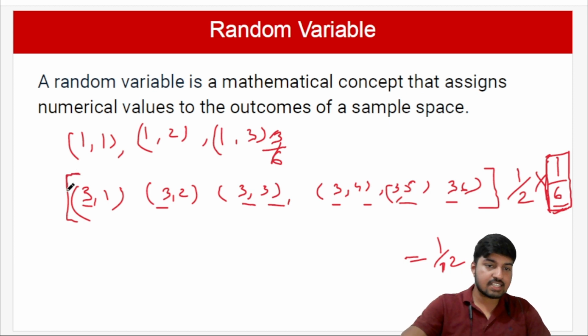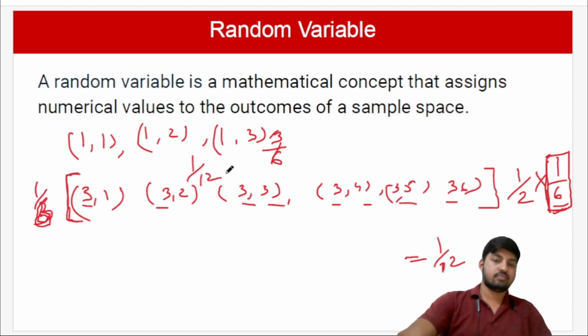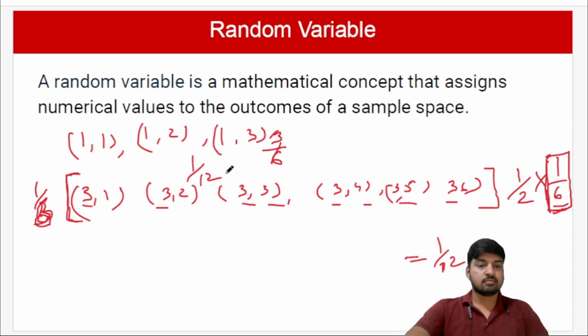We need to first get this line, that probability is 1/6. After getting this line, getting odd is 1/2.